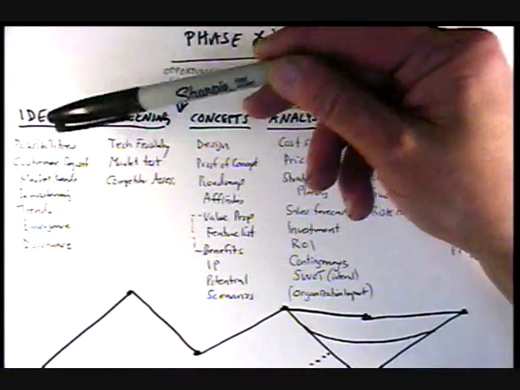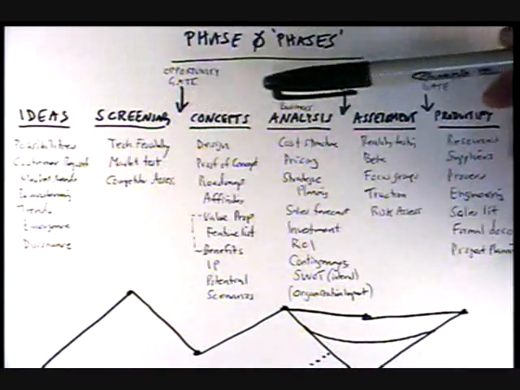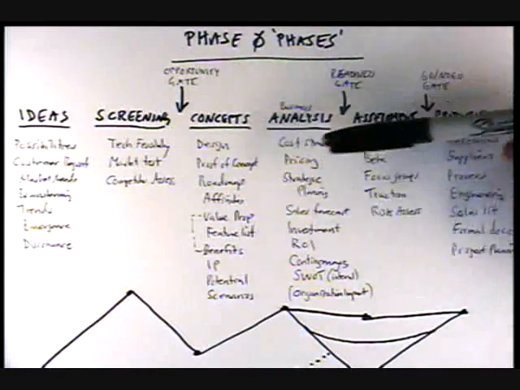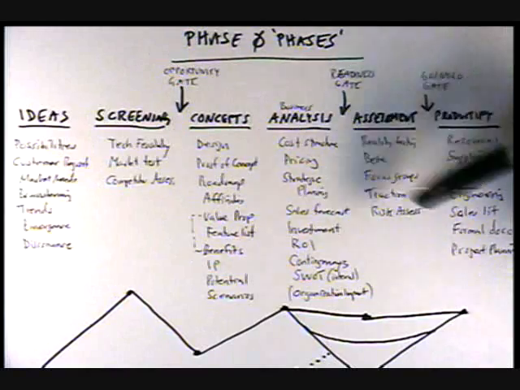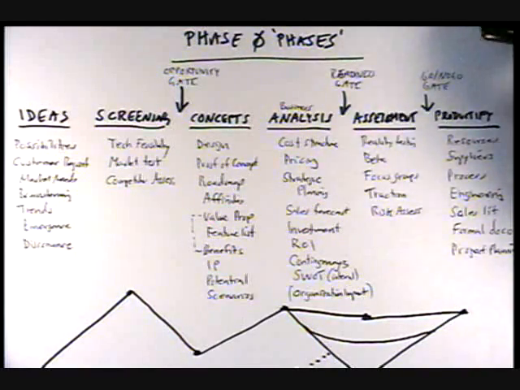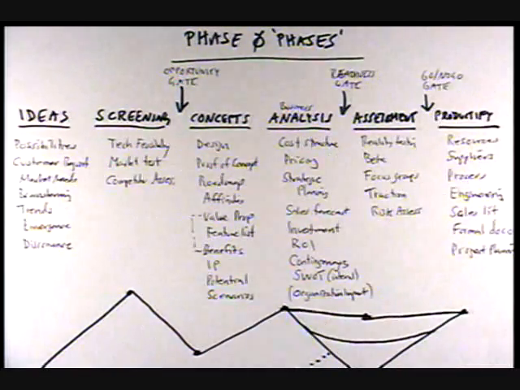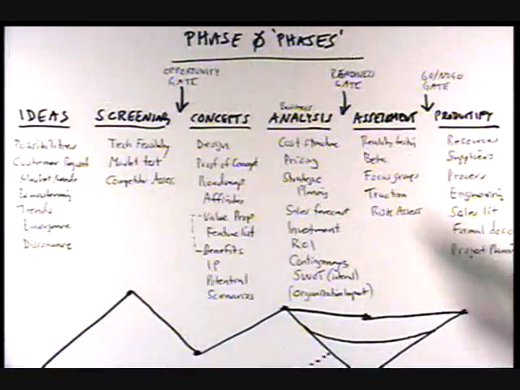But you start with ideas, screening those ideas, start conceptualizing something, do analysis, essentially it's a business analysis, and then you make an assessment of the marketplace, and then you productify, I don't know what we call that, make it ready as a standard process, standard product. Okay, and then there's some opportunity. There's some gates in here as well.